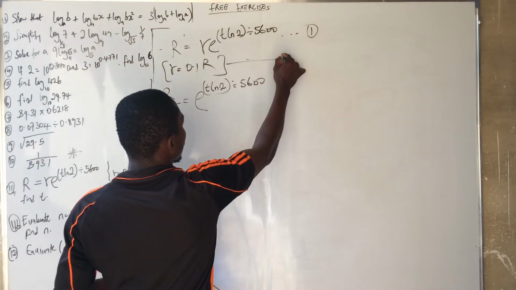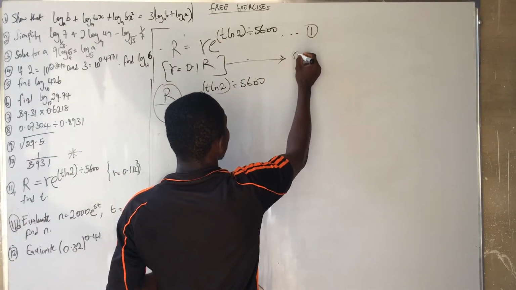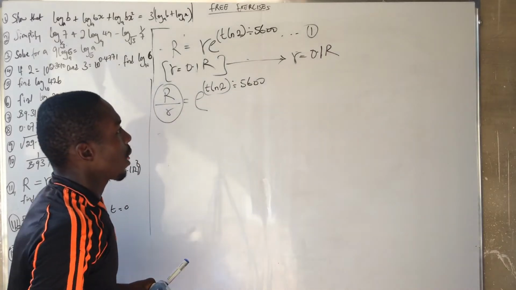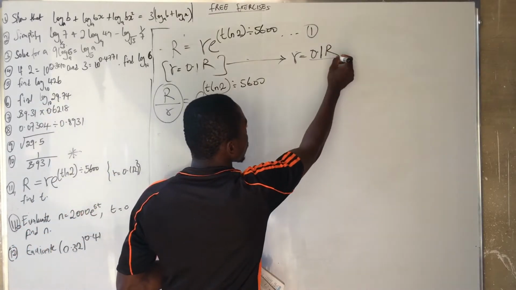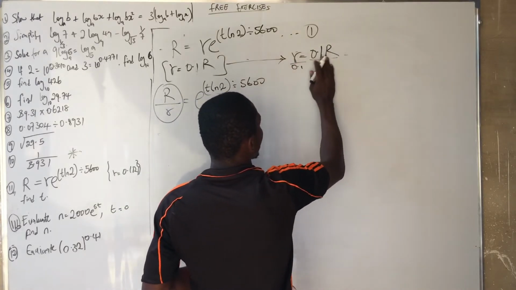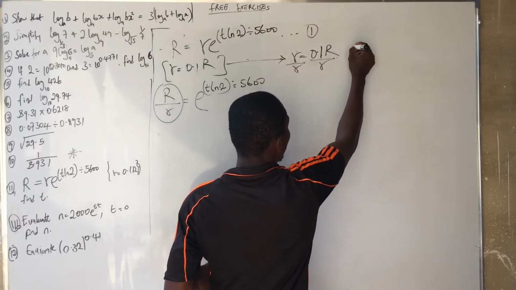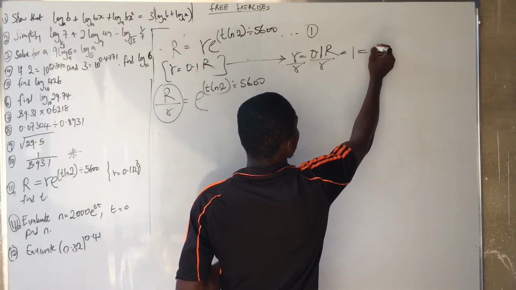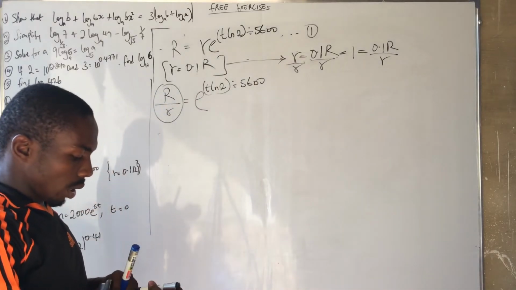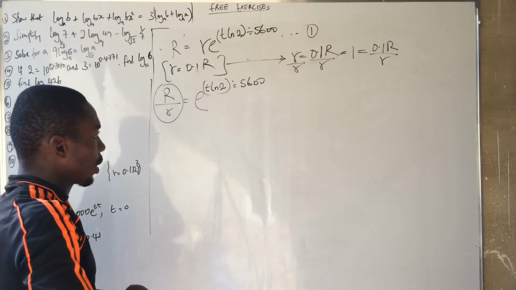And from here now, I have that r is equal to 0.1 R. So what am I going to do now? I'm going to divide both sides by, oh no, let me not divide by 0.1, let me divide by R. So I have that 1 is equal to 0.1 R over R. The next thing I'm going to do is get rid of that 0.1.